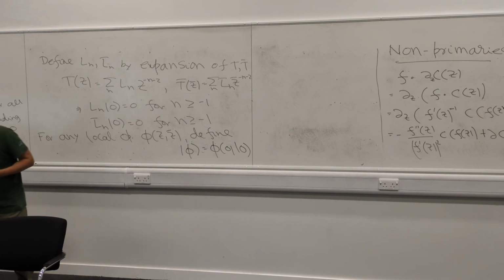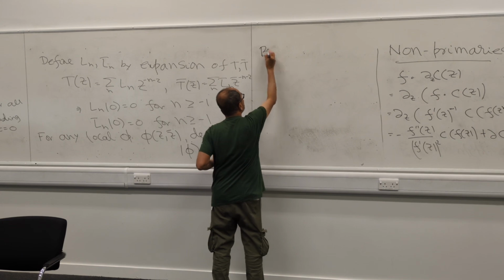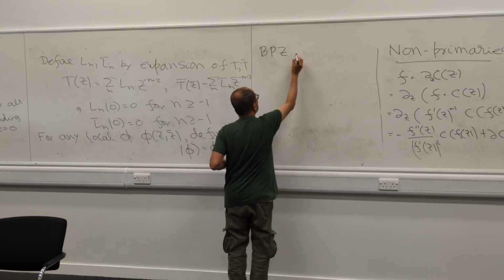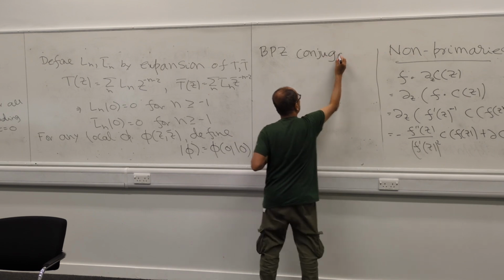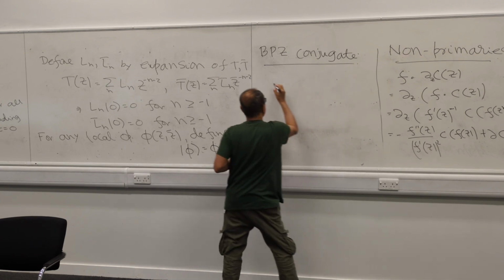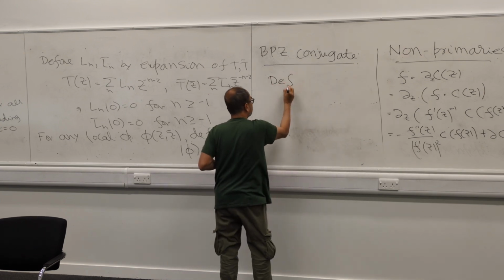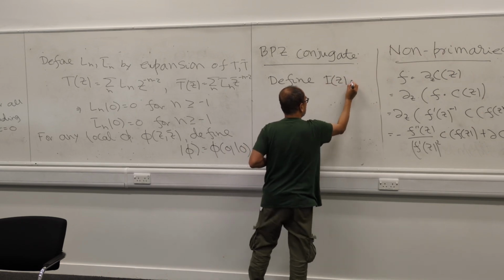Okay. Now BPZ conjugate. Define the map I of z as 1 over z.